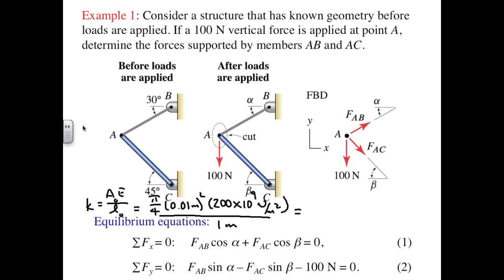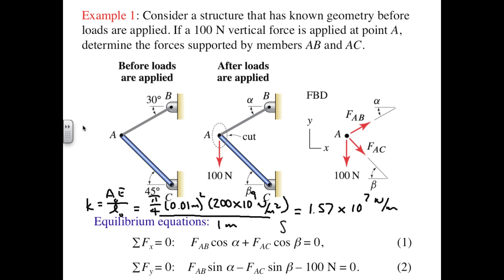And when we calculate that spring constant, it's 1.57 times 10 to the 7th newtons per meter, or 15.7 million newtons, meganewtons per meter.